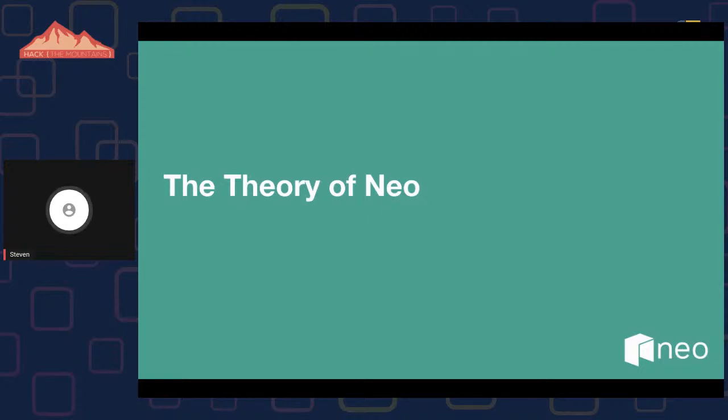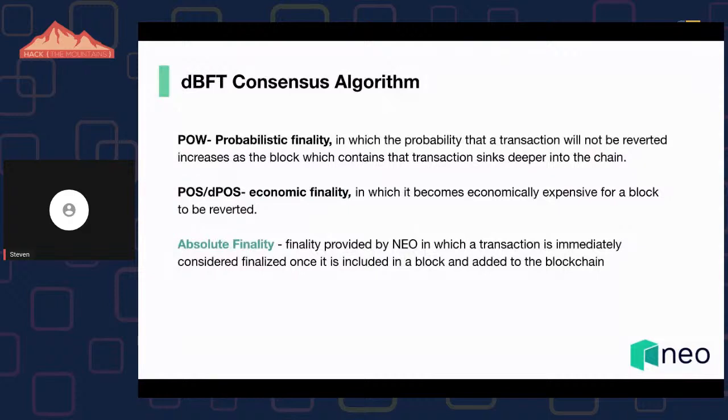Now I think the story of Neo is almost finished, and now I will talk a little about the theory of Neo. First of all, Neo has a different consensus algorithm. You may have heard about POW, proof of work, in Bitcoin.